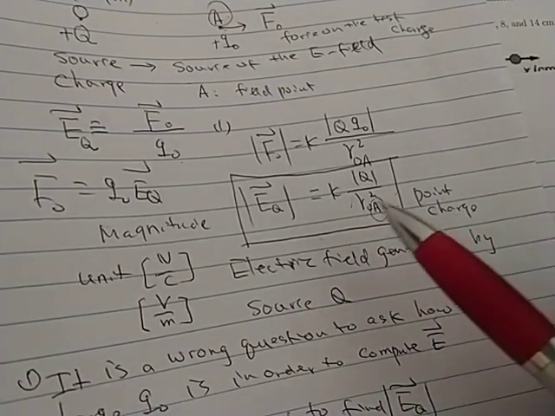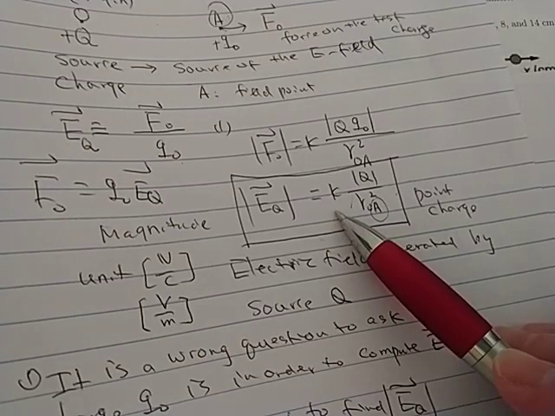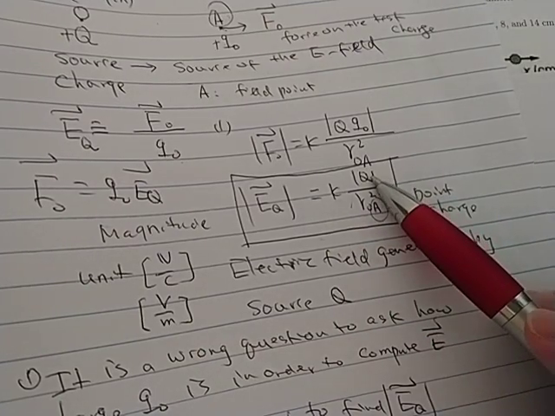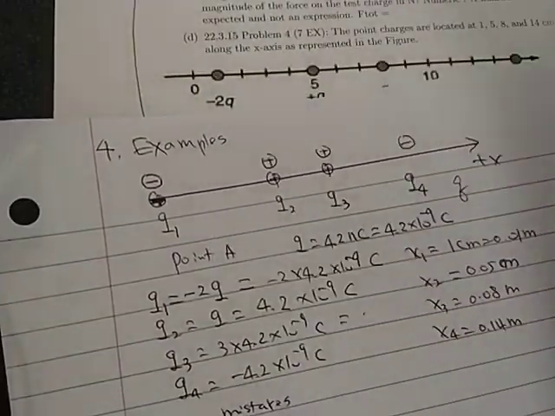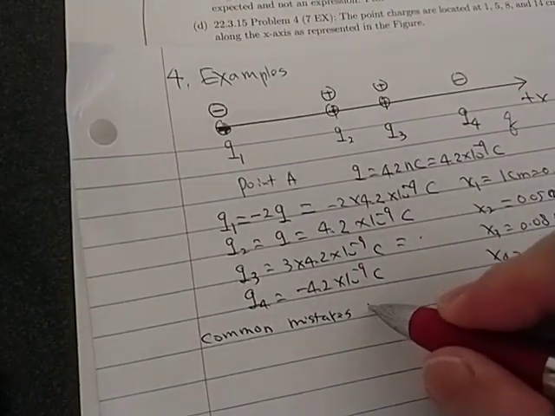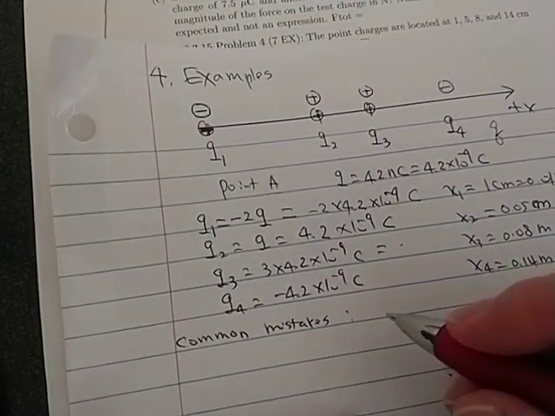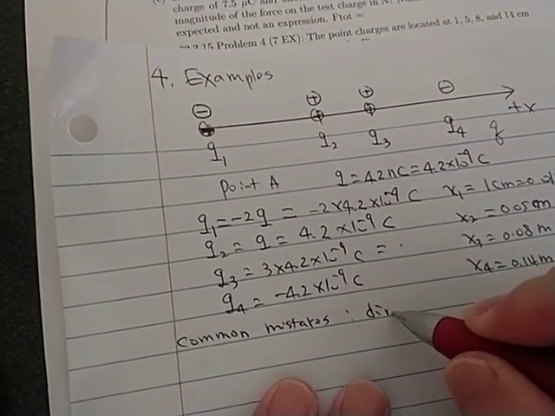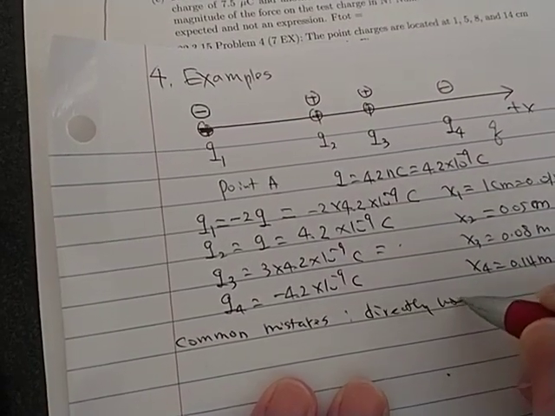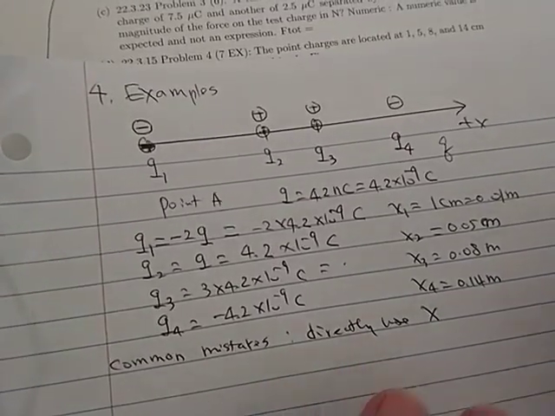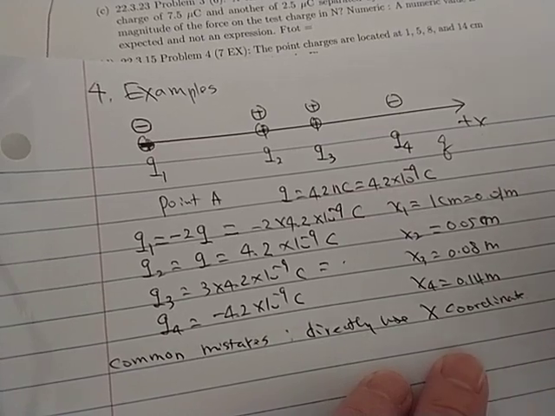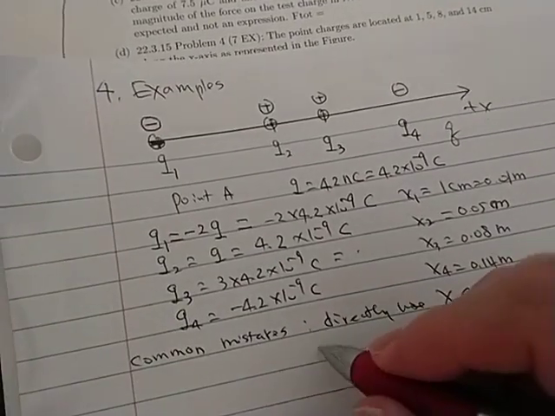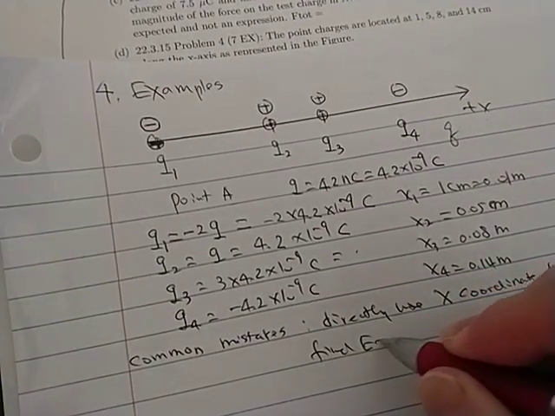I have K, the Coulomb constant, which is known, and Q is also given, so I can find the electric field. And the short answer is, that is wrong. The common mistake is directly using x coordinates to find the E field.